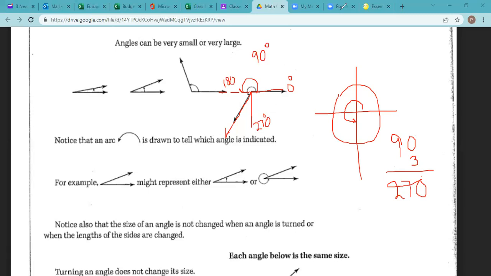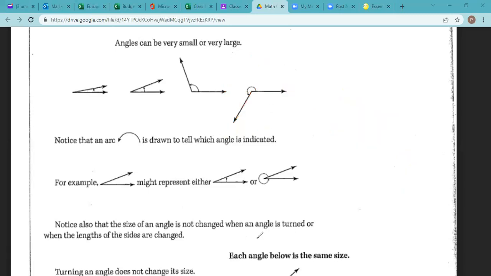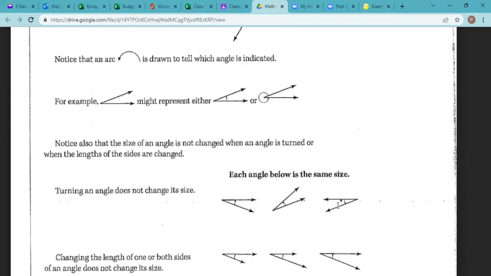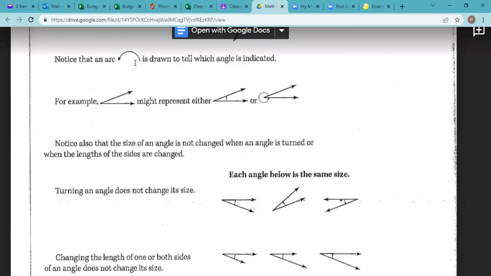Now, some of this is going to be repeated from what I've already said. Notice that the arc, which is the curved line with the arrow, is drawn to tell which angle is indicated.